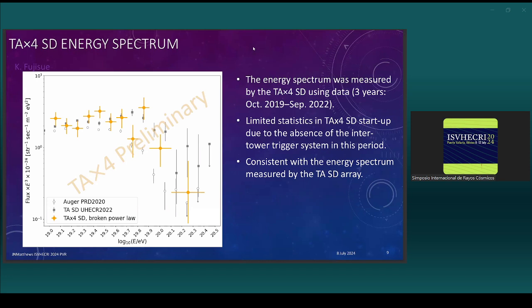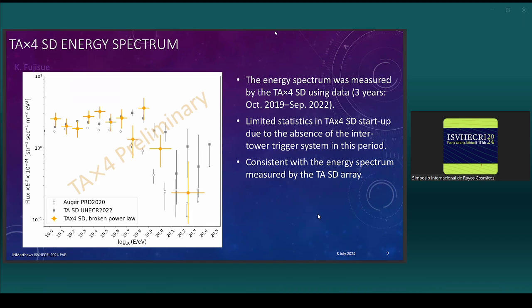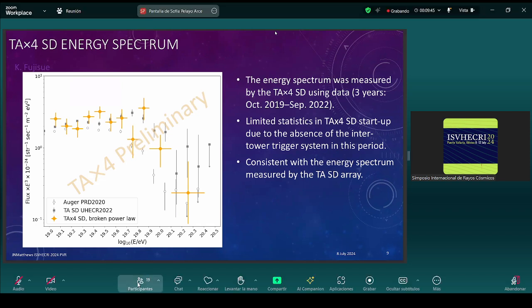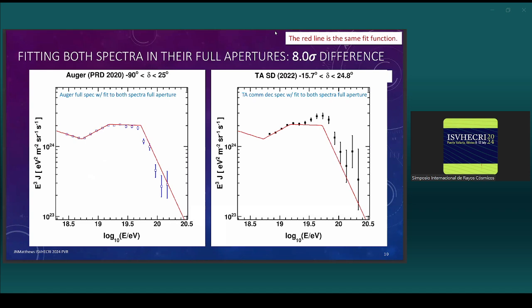He compares his spectrum with Auger, which is the open circles, and the standard TA spectrum, and he gets good agreement with the TA spectrum. So that's not going to solve the difference at the highest energies.